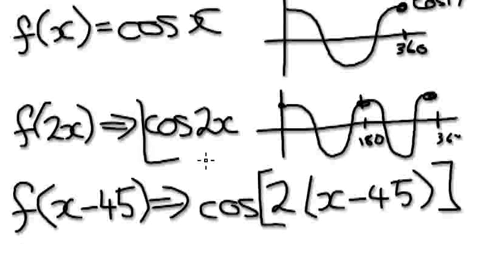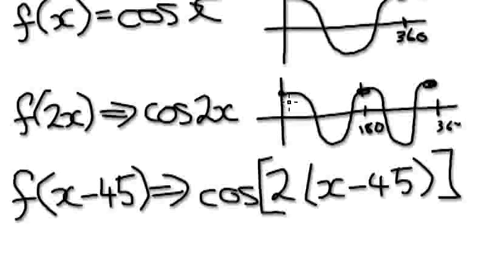Anyway, so at the moment we are here, and we've got this graph here. Our next transformation is to move everything to the right by 45. So this here would be here. So this would be 45 here, and then 360 here. You would add 45, which would be 405.